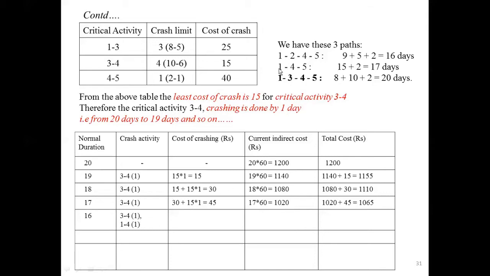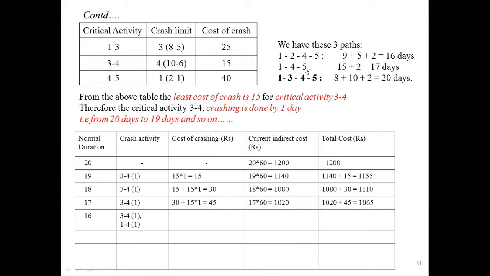For the activities 1 to 4 and 4 to 5, since path 1, 4, 5 has a duration of 17 days, this path will also become a parallel critical path. Out of this path 1, 4, 5, the critical activities are 1 to 4 and 4 to 5.